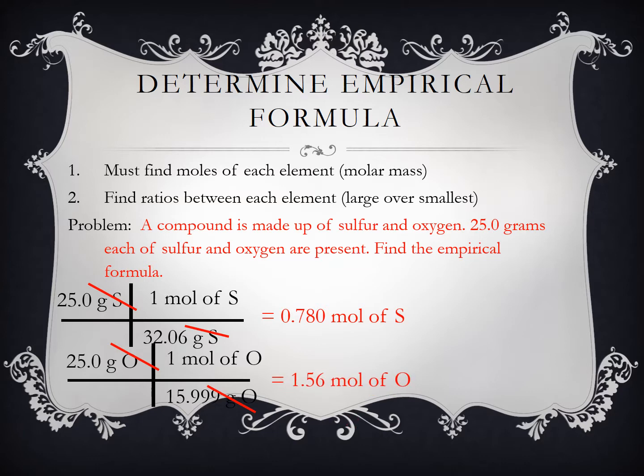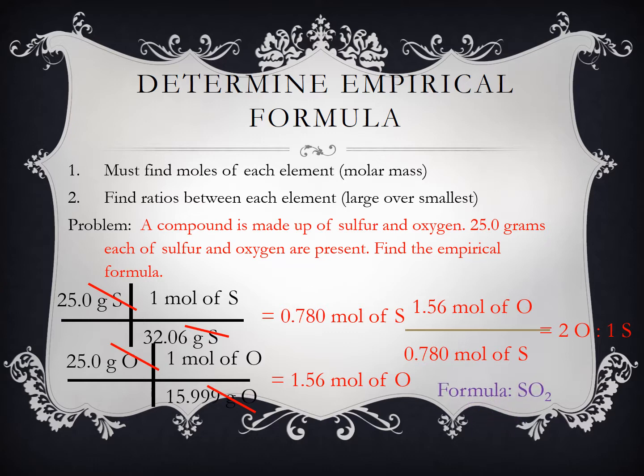So you can see the largest one is oxygen, so you do large over small, so oxygen over sulfur, and when you divide, you get a ratio of 2 to 1. So that means there's 2 oxygens and 1 sulfur, so the formula would be SO2.